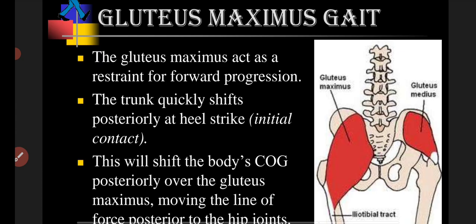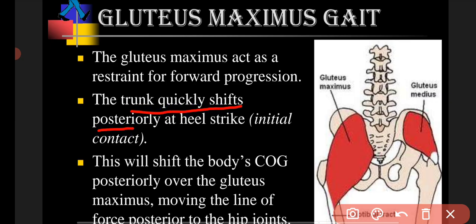In this, the trunk quickly shifts posteriorly. The trunk is shifted posteriorly when there is an inability of the gluteus maximus to act. In this, the trunk will shift posteriorly at the heel strike.